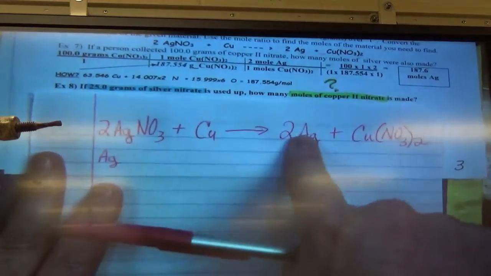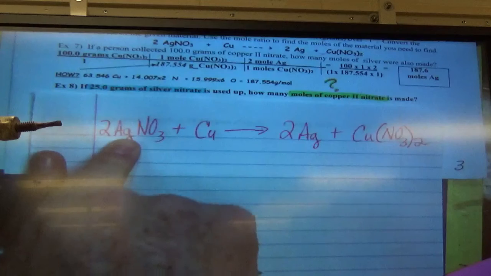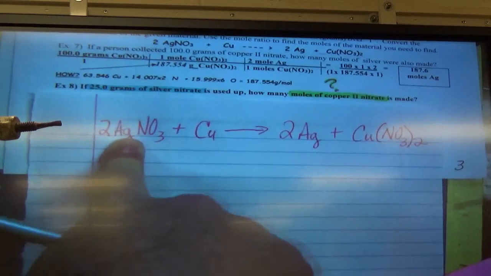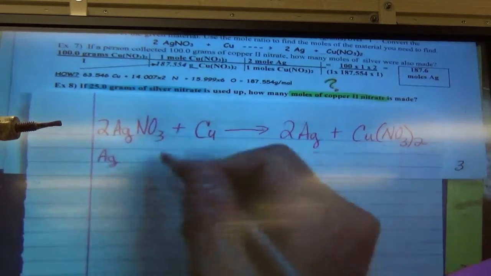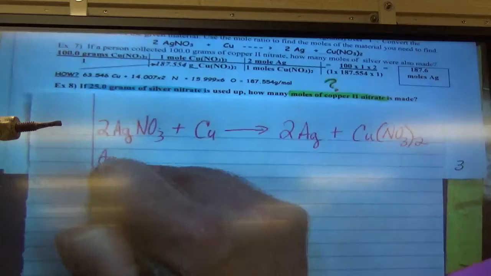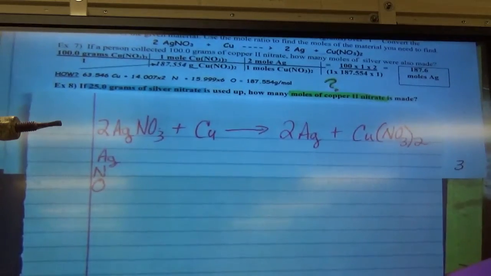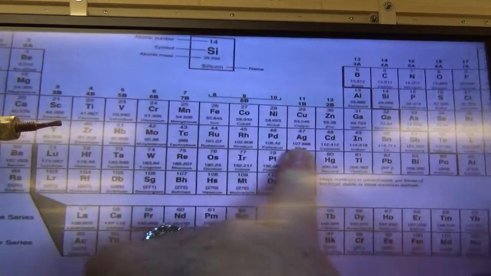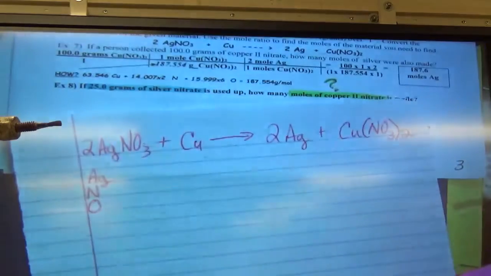Now this is silver nitrate, right? So look at your formulas carefully, do exactly what the formula says. So Ag, N, and then it says O. All right, periodic table, silver, 107.868. That's the mass of silver.